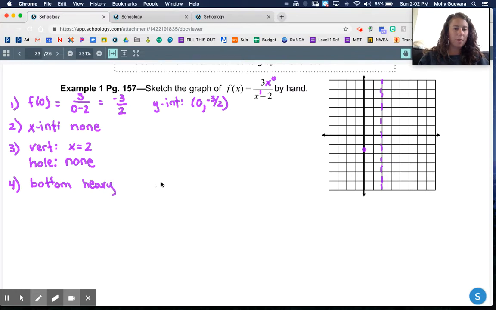It's bottom heavy, which if we look back on our notes, means that there is a horizontal asymptote at 0. So I have a horizontal asymptote right here on the x-axis.